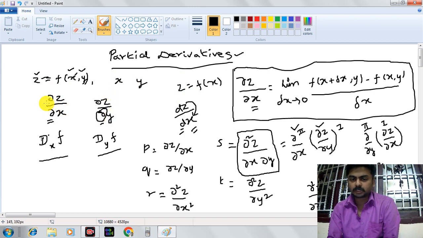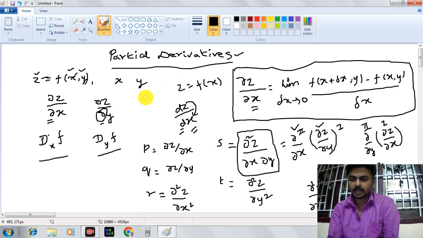The partial differential operator is denoted by dou, and it is nothing but dou z by dou x and dou z by dou y. When z is differentiated with respect to x, partially we write dou z by dou x. When z is differentiated with respect to y, we write it as dou z by dou y.